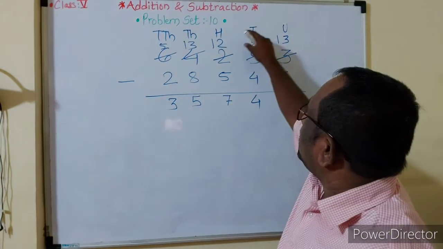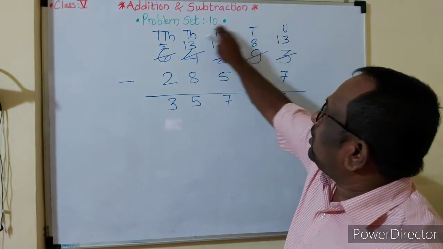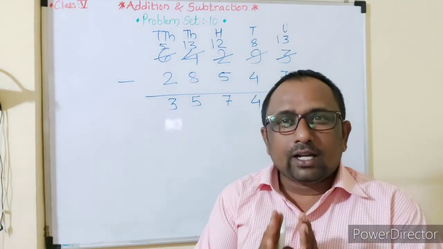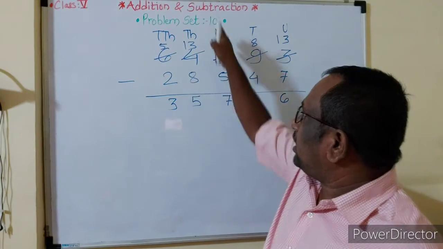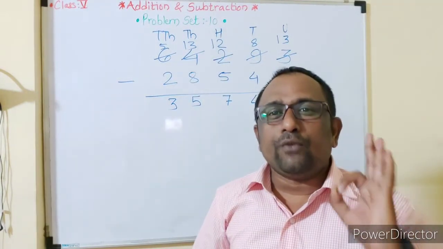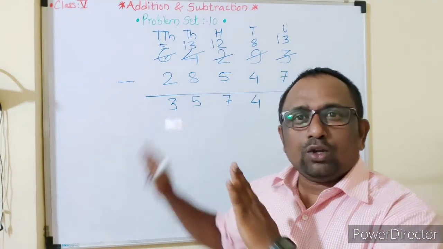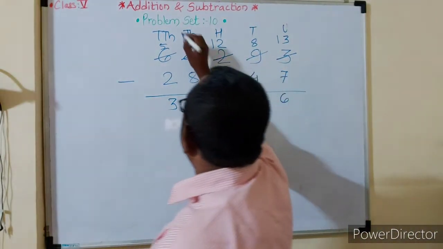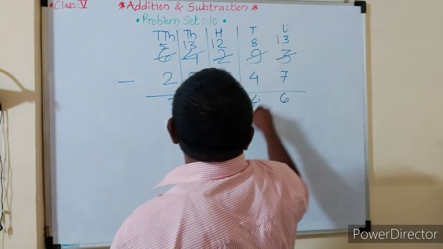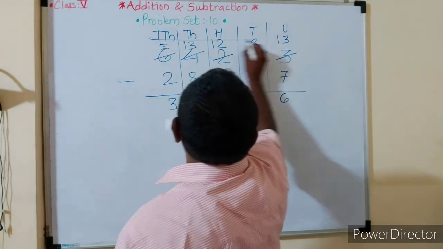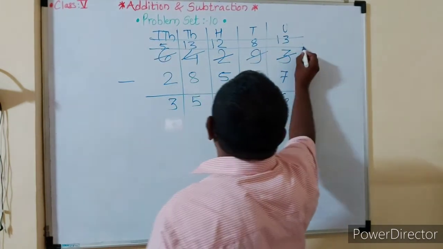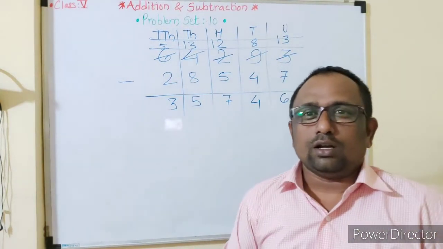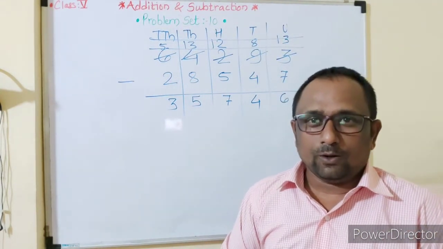There is no need to draw this, but for neat writing, if you prepare the columns like this, it will look perfect. Actually you can solve directly, but if you draw the columns like this, it will look neat. It depends on your wish how you solve.